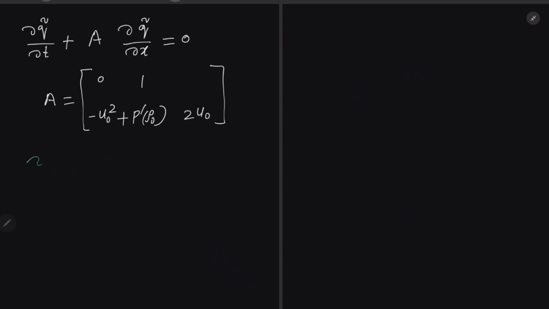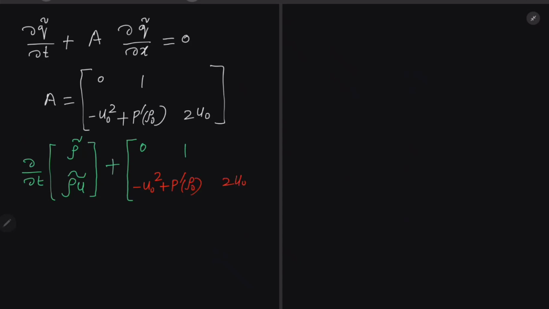We put the value of q tilde, which is rho tilde, rho u tilde, plus A, and there will be partial by partial x of rho tilde, rho u tilde, equal to 0.